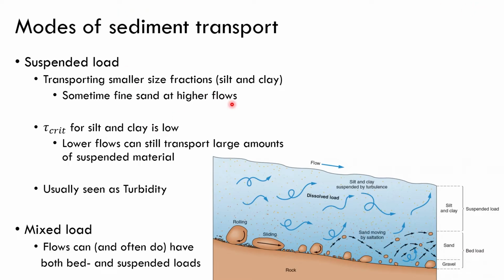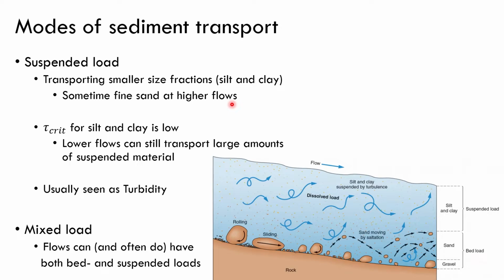Okay. And then there are situations where flows can have both bed load and suspended load, and that's actually a lot of what we see around the Midwest. We primarily get bed load transport. Most of our rivers, at least in northeast Iowa here, are sand and gravel, and those are primarily transported by bed load.